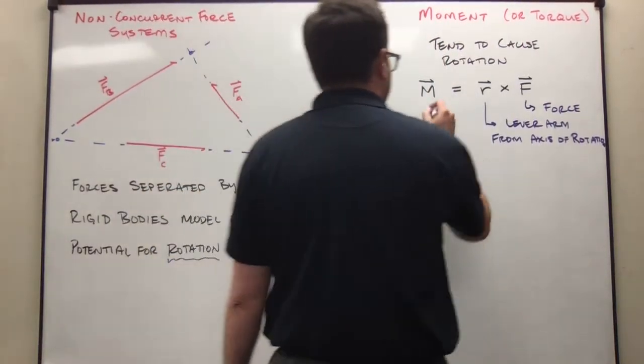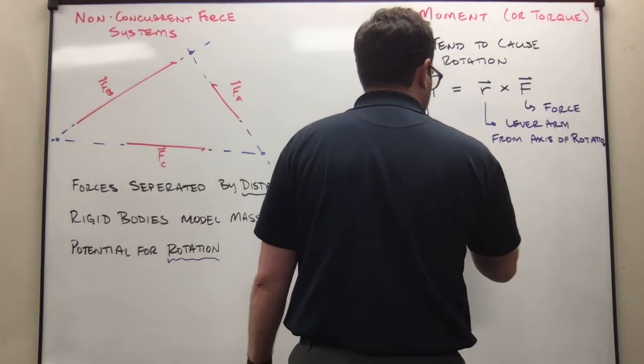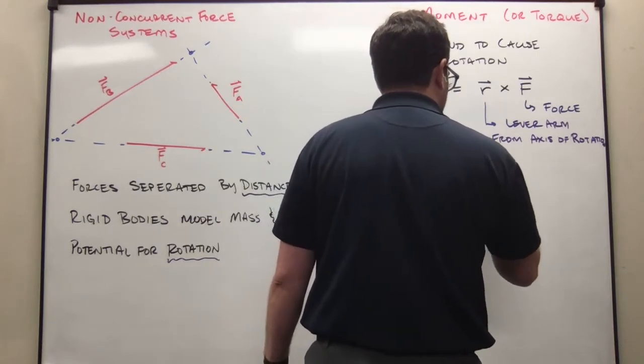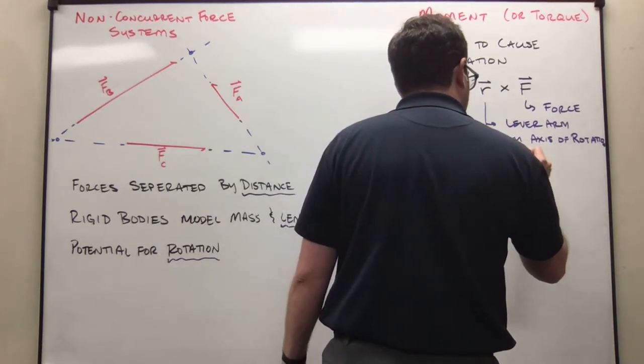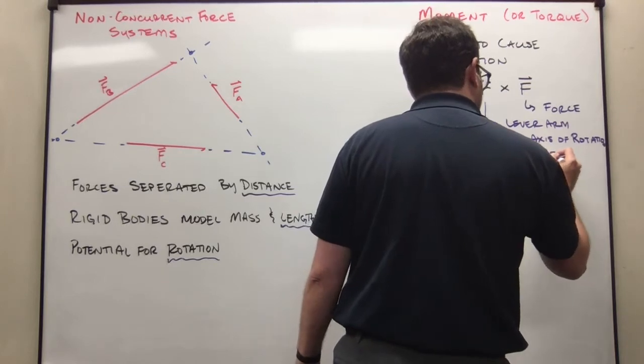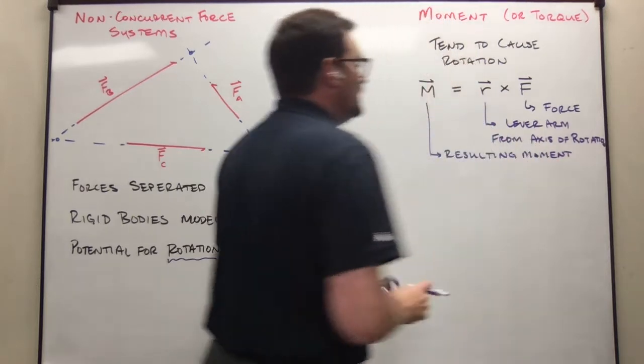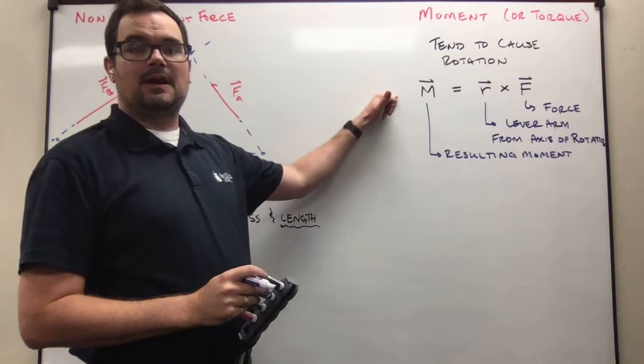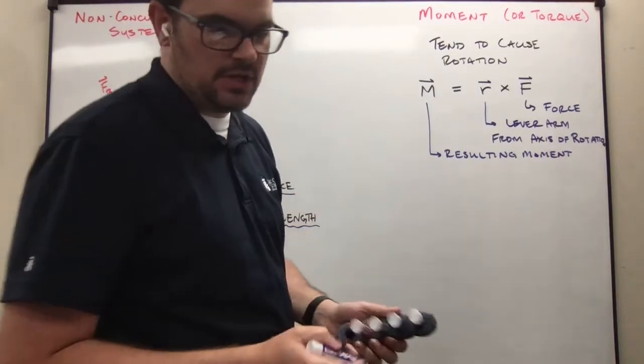And then this M is going to be our resulting moment. So that force is still causing a push or pull, and this M is our moment, that tendency to cause rotation.